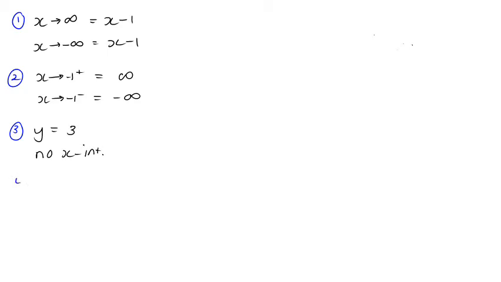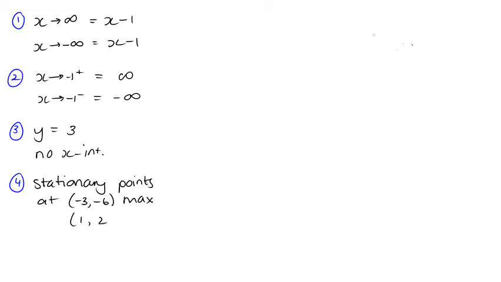And we also had stationary points at -3, -6, which is a max, and 1, 2, which was a min. We know from our working out that asymptotes are x equals -1 and y equals x minus 1, which is from the first step.